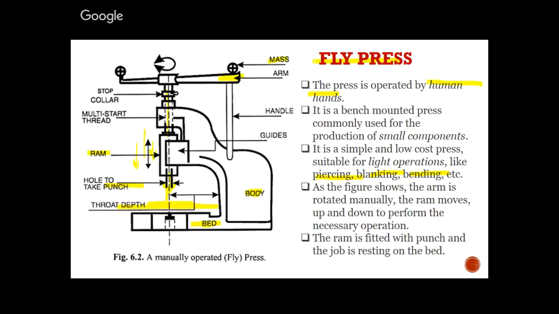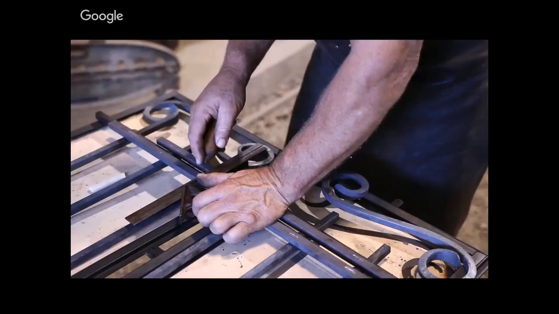So let us look at a practical application. Generally they use this in industries to get the desired sheet metal operation. We have around a 3 to 4 minute video, so let us watch it and understand.